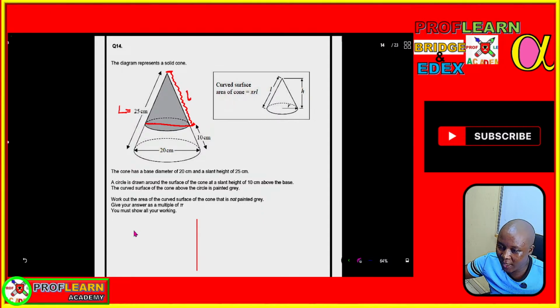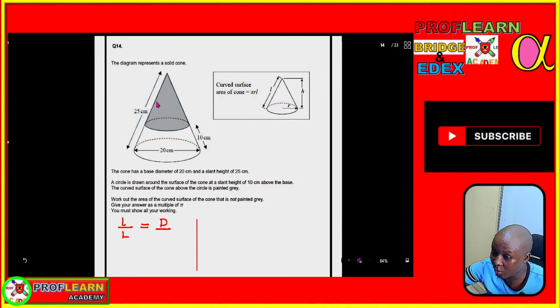So I can say that small l over capital L of this cone is going to be the diameter of the big cone over, what am I mixing up? These are going to be two unknowns, so I cannot go straight that way.